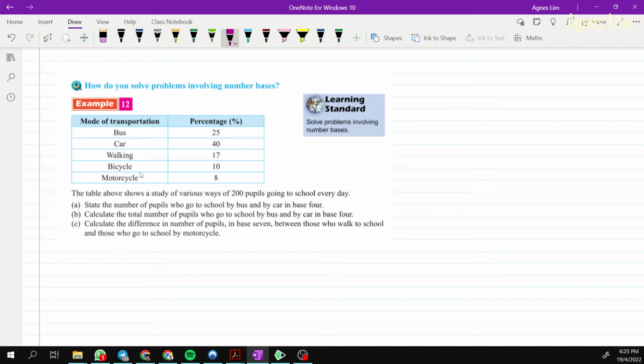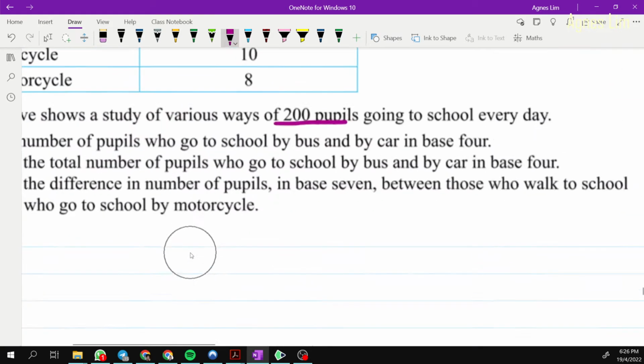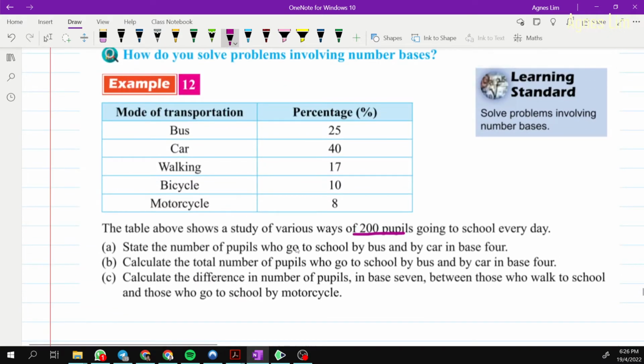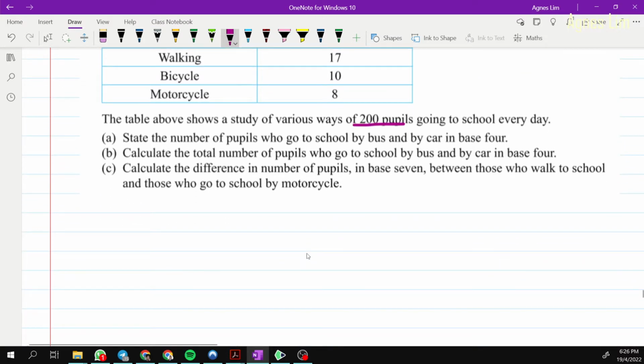You have a table here showing the mode of transportation and the percentage of each type of transportation, for 200 people going to school every day. A: state the number of students who go to school by bus and by car in base 4.